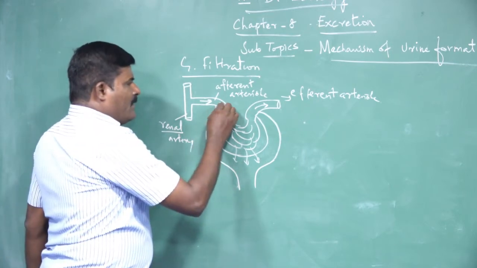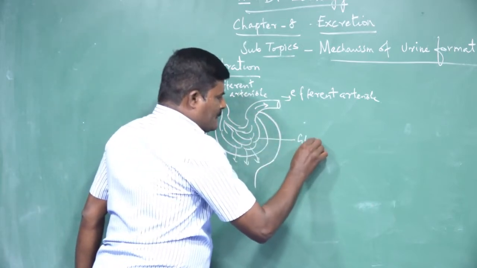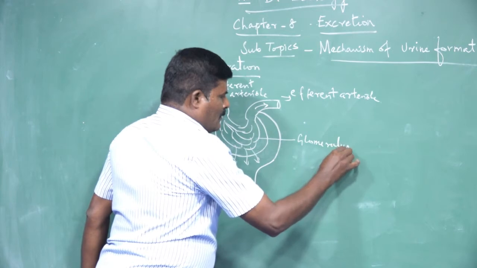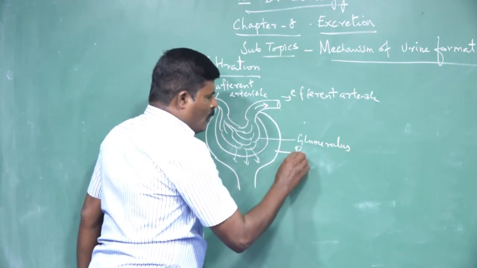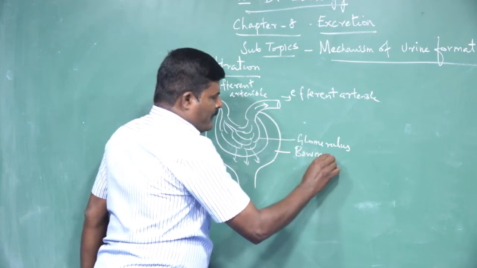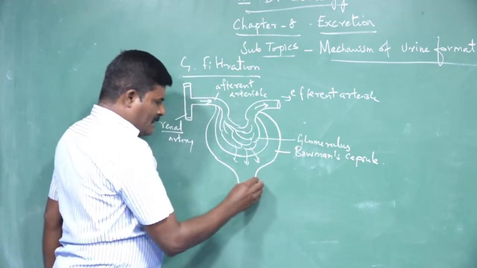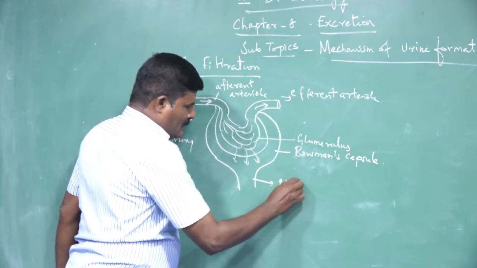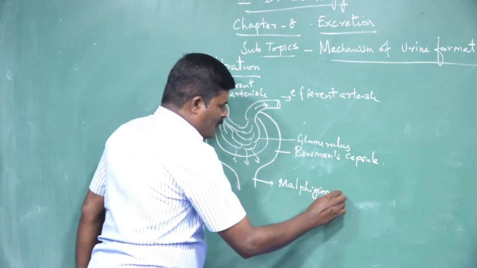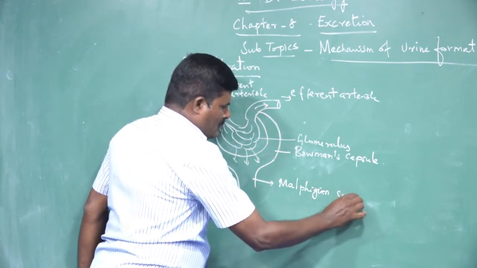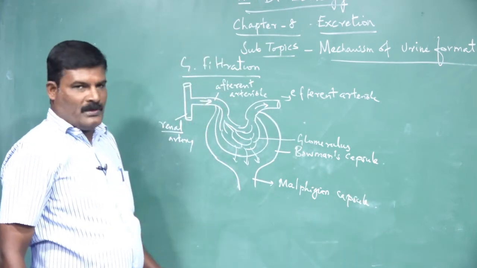Here is the afferent arteriole, and the other is the efferent arteriole. This is called the glomerulus. The glomerulus is covered by a double-walled sac called Bowman's capsule. These two structures combined form the Malpighian capsule, or renal capsule.